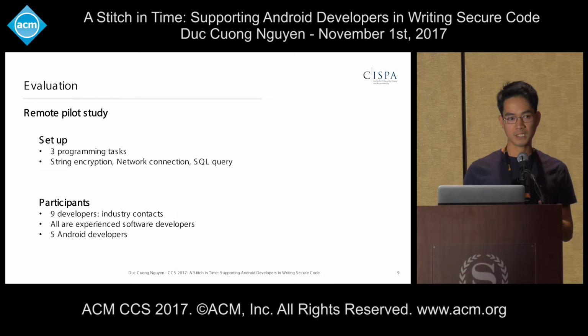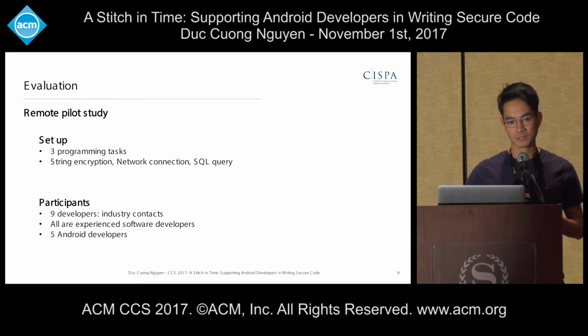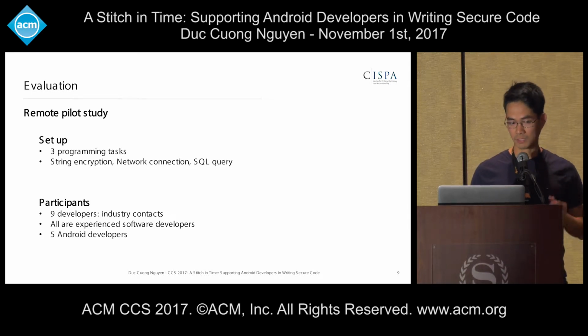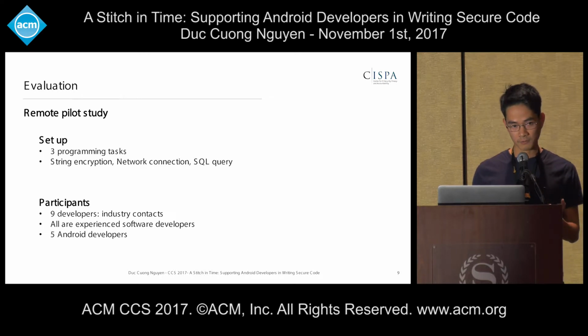And for the SQL query, we attached a SQLite database into the code skeleton, and we inserted several records, and we ask participants to query a given record from the database, but with a variable username. So the username here is supposed to be user input. We want to know if developers are aware of SQL injection attack.